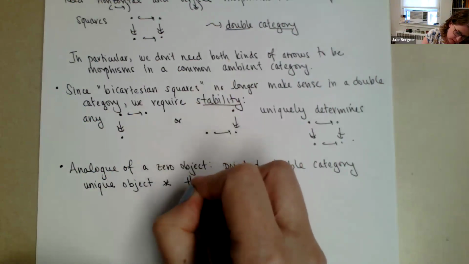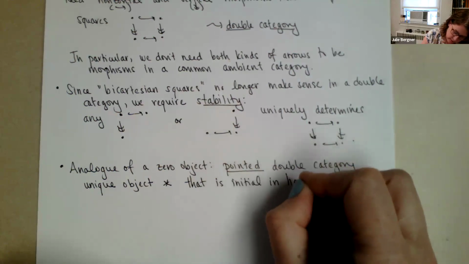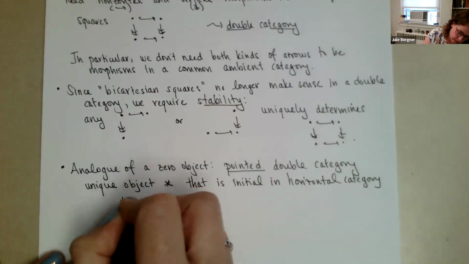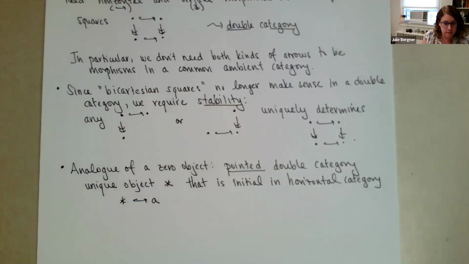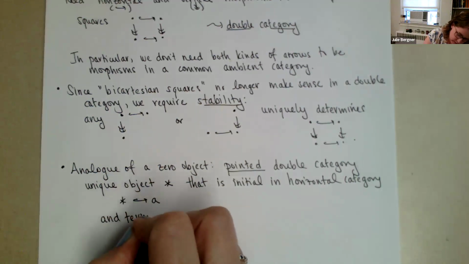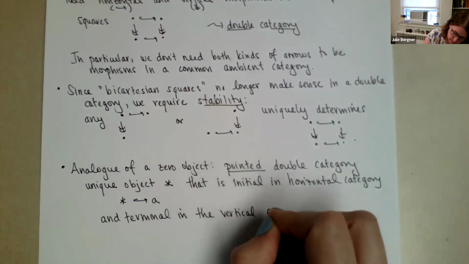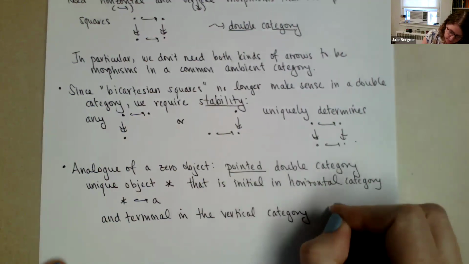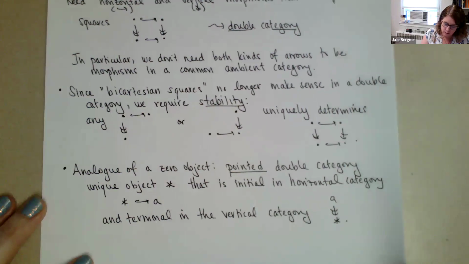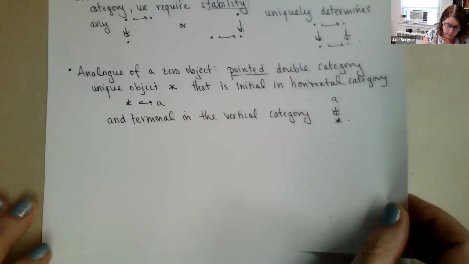It just needs to be initial in the horizontal category, because we're always just looking at things like this. But then it has to be terminal in the vertical category. Because in our diagrams, we, again, always just have something. So we want those maps always to exist and to be unique.